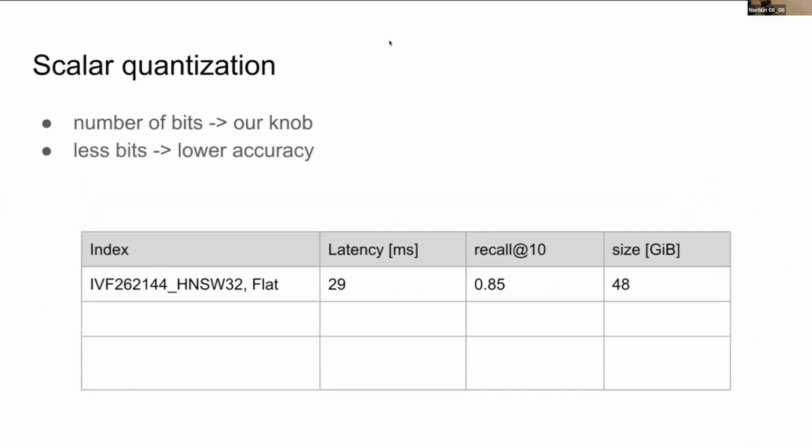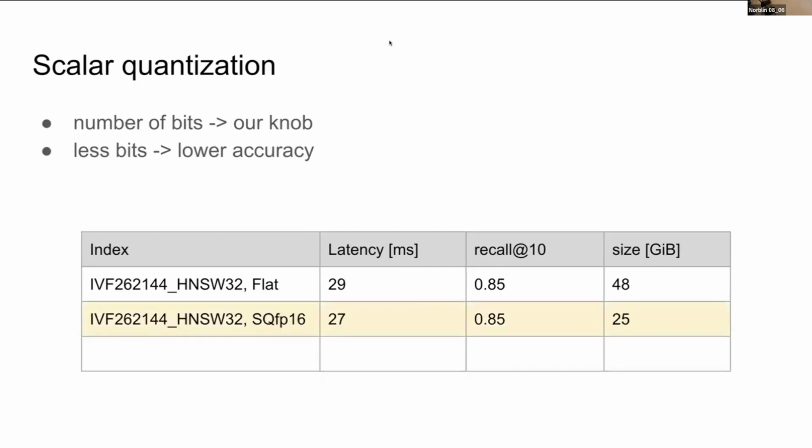Okay, so previously we had no compression, hence the word flat at the end. And our index was about 48 gigs of RAM. And if we use SQ FP16, we would see that the recall of our search engine is similar, and our index size was sliced in half. So this essentially means that we saved 50% of RAM, and we haven't lost any accuracy.